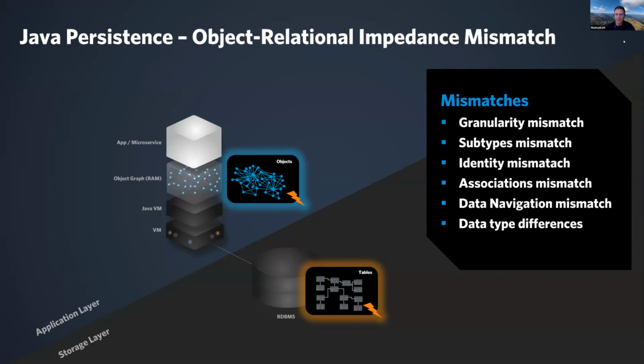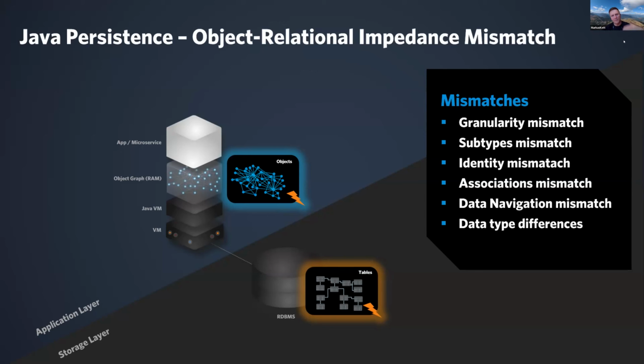With relational databases, which have been the standard for decades, we have tables and we have records. So it's not possible to store complex Java objects seamlessly in a relational database. This is called impedance mismatch. There are further impedance mismatches.